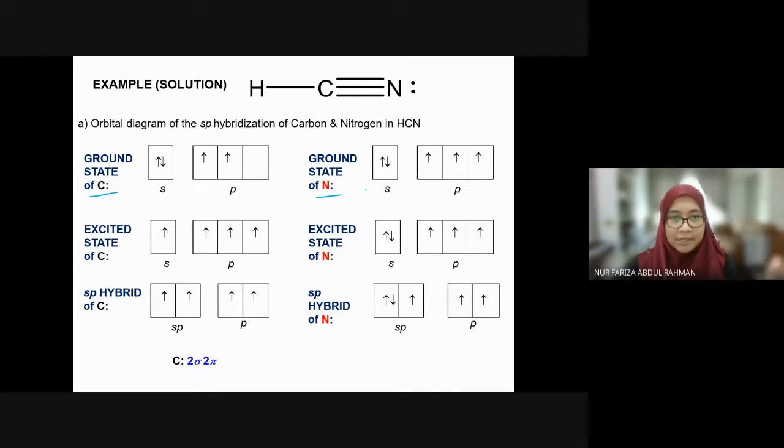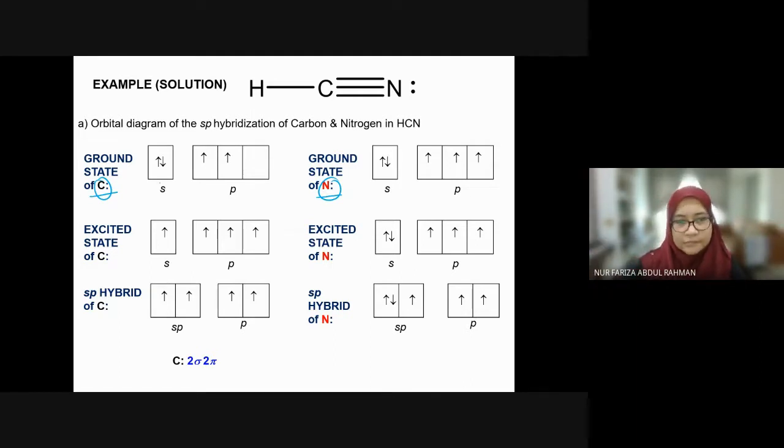But by right, they should be side by side, C1 and C2, exactly the same as this. The reason it is shown for this one is because one is for carbon, the other is for nitrogen, so from the ground state it is already different. But whether they are the same or not, you have to show two orbital diagrams there, depending on the number of central atoms. If we have 5, that means you have 5 orbital diagrams there.